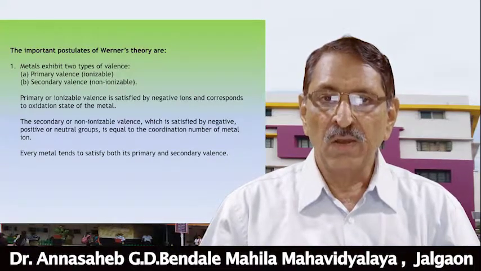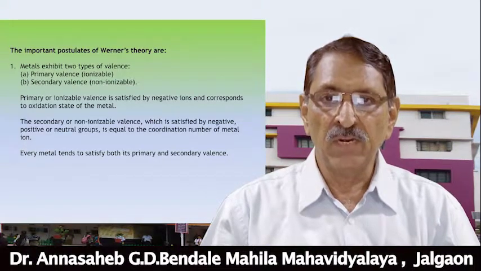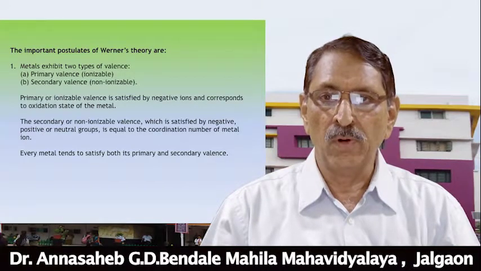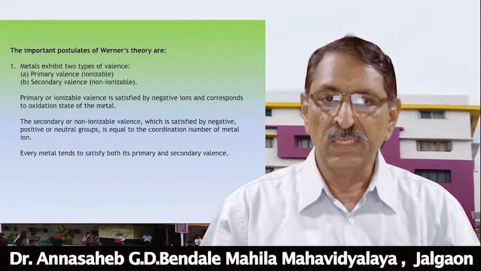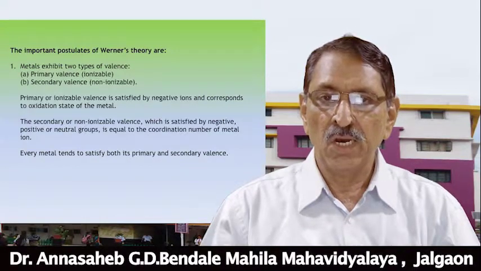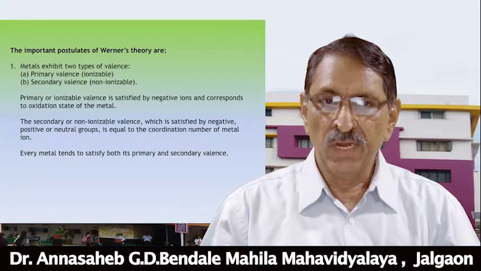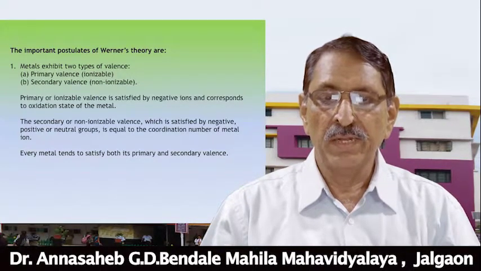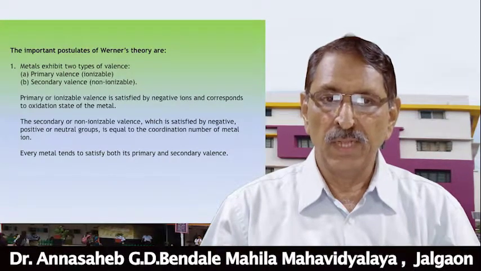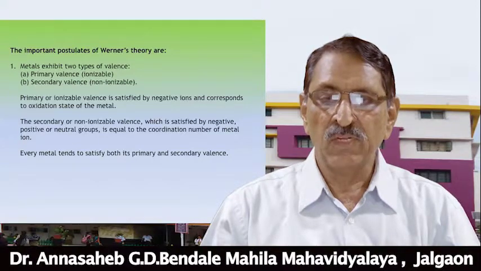The primary valency is satisfied only by negative ions and corresponds to the oxidation state of the metal atom or ion, while the secondary valency is satisfied by either negative ions, positive ions or neutral molecules, and is equal to the coordination number of the metal ion. Every metal tends to satisfy both types of valency.